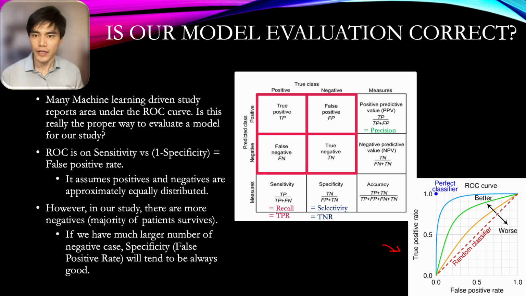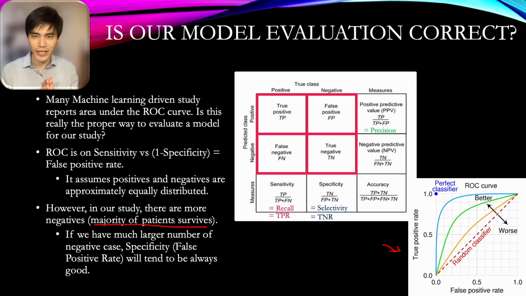Receiver operator curve generally assumes that your cohort has positive and negative cases in approximately equal ratio. But in our study, the majority of our patients survived, so it's not equally distributed. Yes, 25% of the patients passed away, but 75% survived.